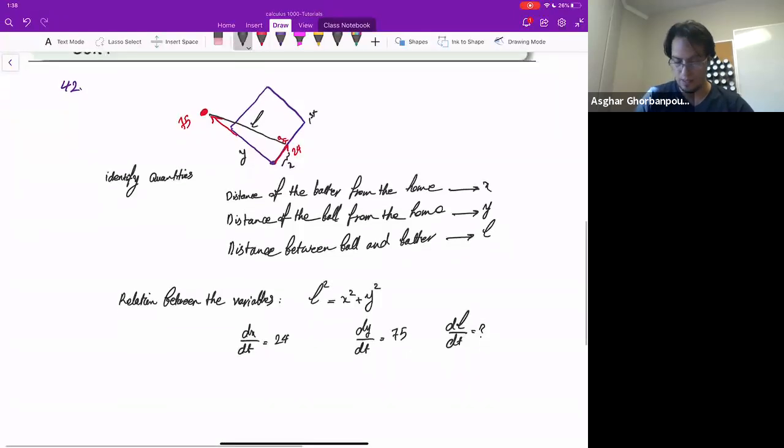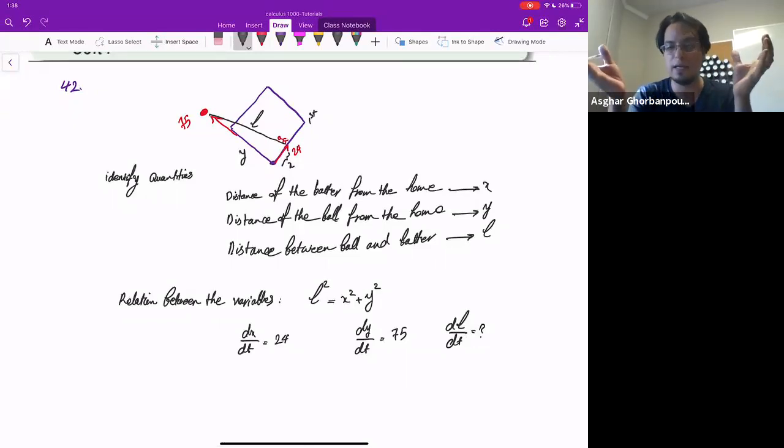Very nice. So when you get to this point, you have done the modeling and you're done with the wordings. What you need to care for now is, okay, I have a mathematical problem, and I want to find the solution for it. We have an equation, and we have dx/dt and dy/dt, and we want to find dL/dt.